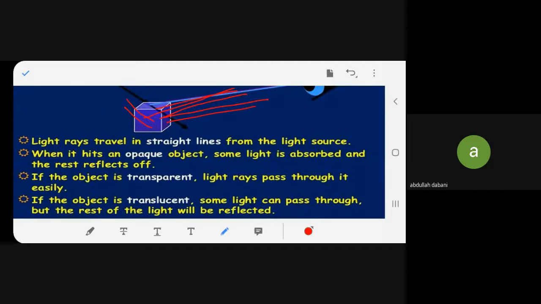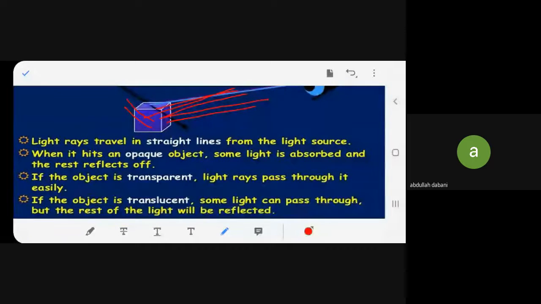You understand? When it is passing through, some light can pass through, and the rest of the light is reflected. It is not absorbed, remember that, in translucent. When it is an opaque object, the light is absorbed. That's why we cannot see, and the rest reflects off. So more light is absorbed in an opaque object.